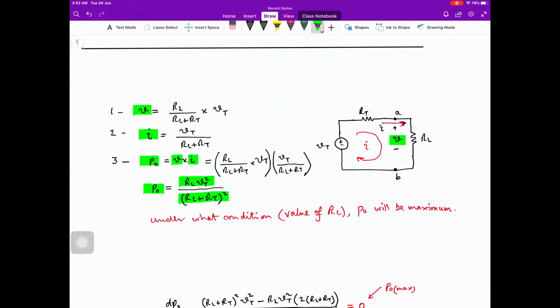I will say again, we will explore a value of RL for which the power delivered to the output, meaning to the load, is maximum.